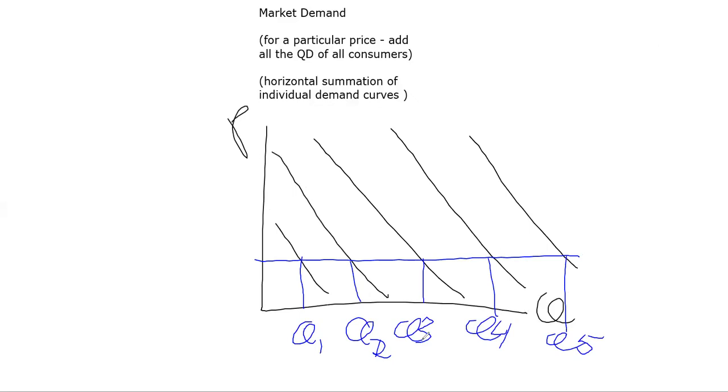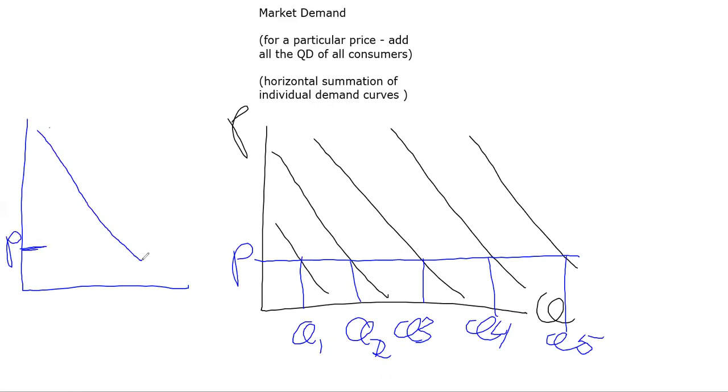The idea is what your market demand curve would show is, at that particular price, let's say price P, the market demand curve would show Q1 plus Q2 plus Q3, and so on, all the way to Q5.